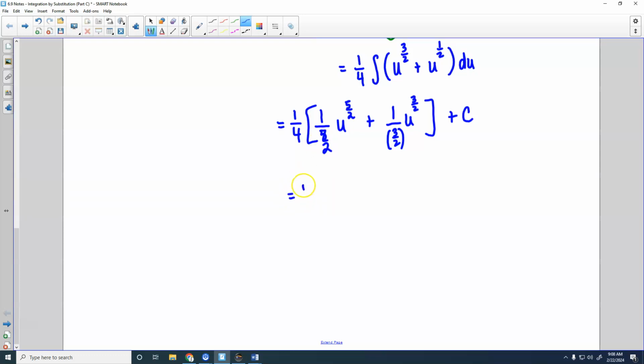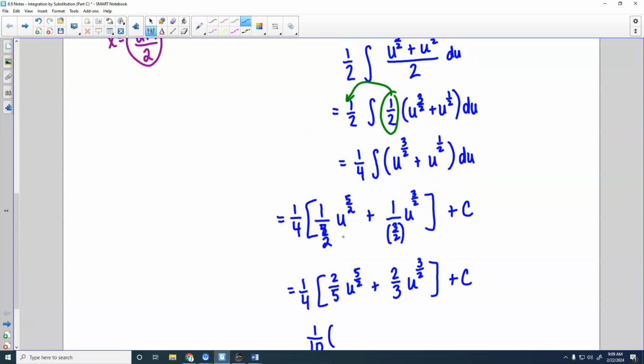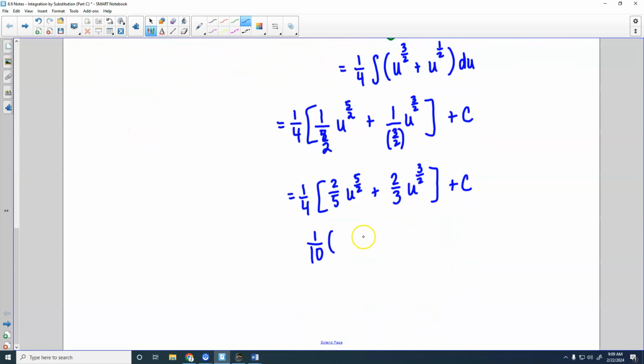So this is going to be 1/4 times 2/5 u to the 5/2 plus 2/3 u to the 3/2 plus c. And so when I do 1/4 times 2/5, that will give me 2/20, so 1/10. And I'm going to go ahead and put my u back in, which was 2x minus 1. 2x minus 1 to the 5/2.